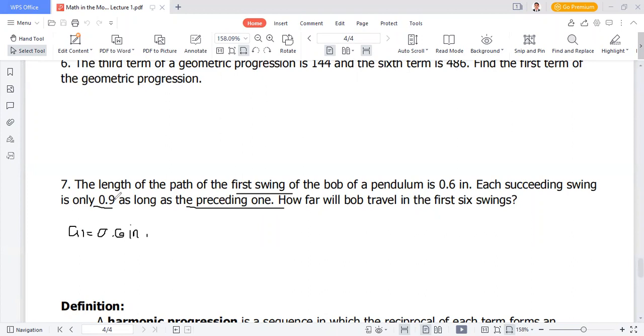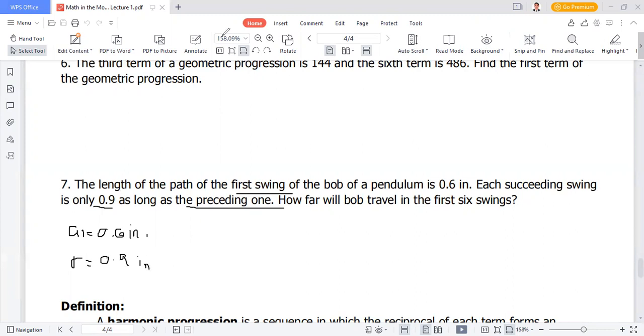Okay? So 0.9 ng, for example, ang una ay 0.6. Sa pangalawa niya, yung 0.9 of 0.6 or simply 0.9 times 0.6. Sa pangatlo, yung 0.9 ng pangalawa. Okay? So kaya yung r natin yung 0.9.